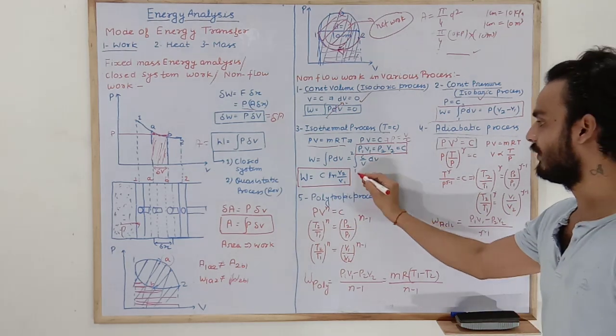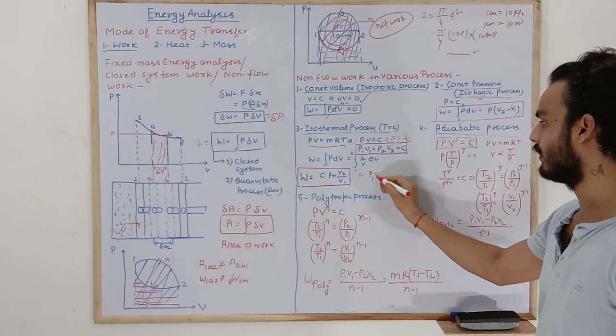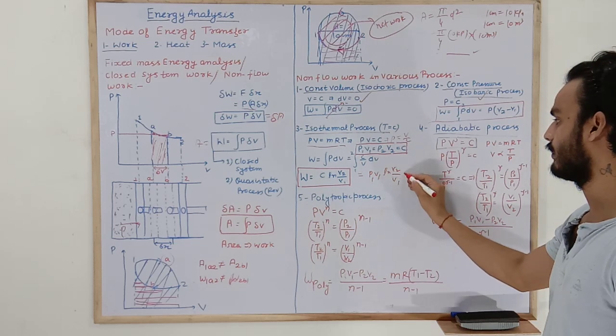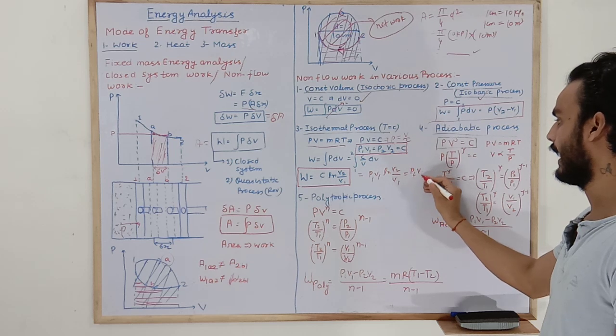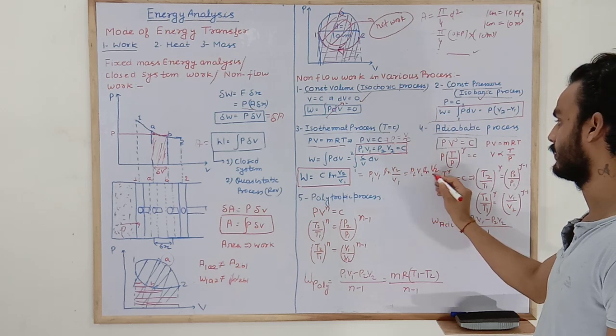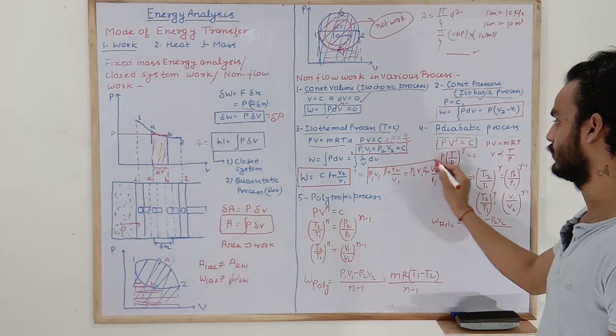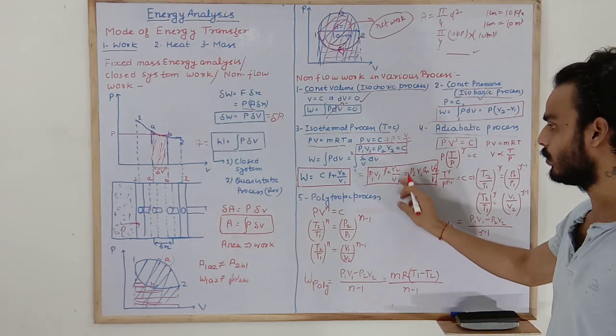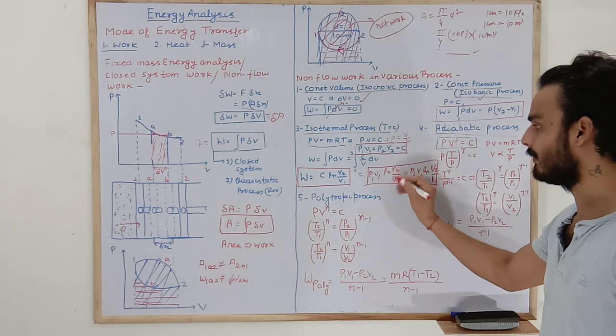But look here, we can also write P1 V1 ln V2 by V1, or P2 V2 ln V2 by V1. Also, instead of V2 by V1 we can write P1 by P2.